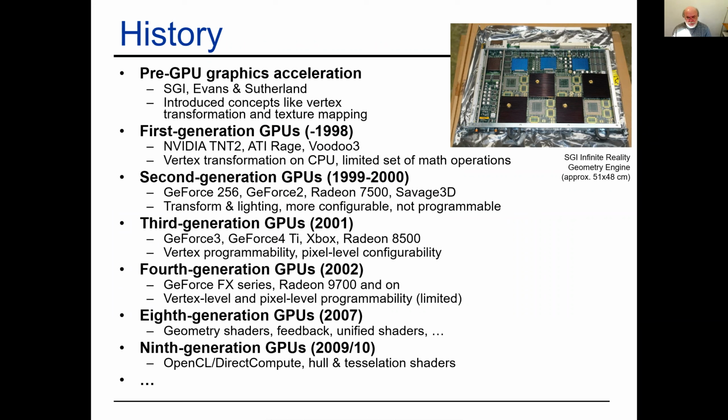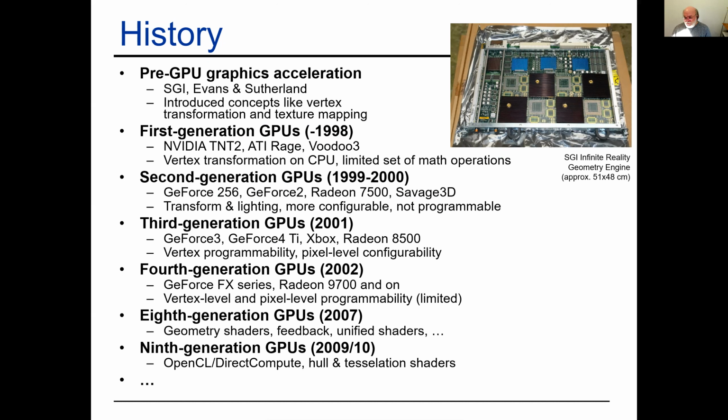Here you see a little bit of different aspects of the development of GPUs, specifically with respect to their abilities to run shaders of some sort, or to run certain parts of the rendering pipeline.